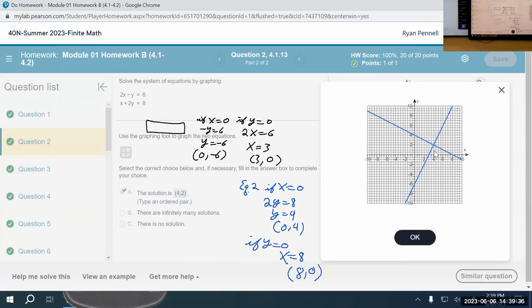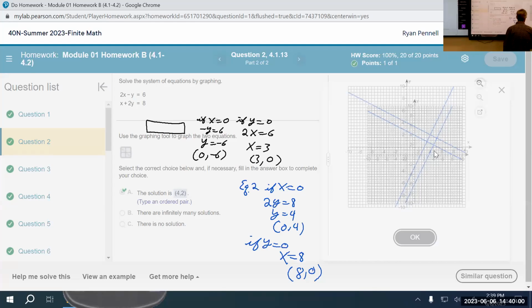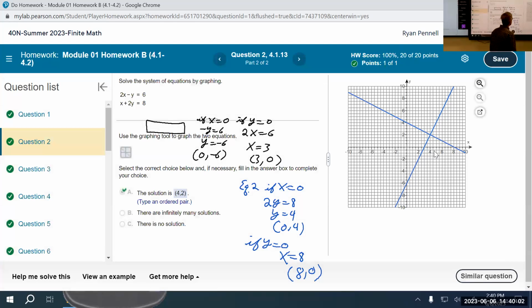Might be a little hard to tell, but from the graph, I think it's 4, 2. That's where the lines are crossing. But of course, I could just use algebra. We could use substitution to solve for that, or we could use the elimination method. Either way. That's the idea.